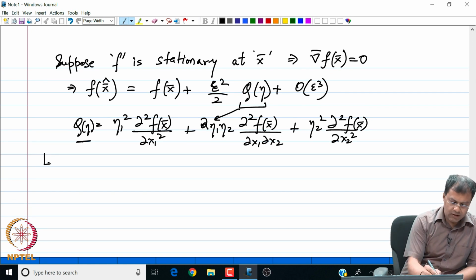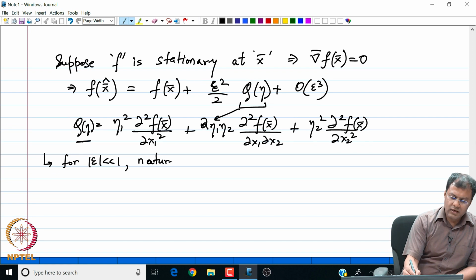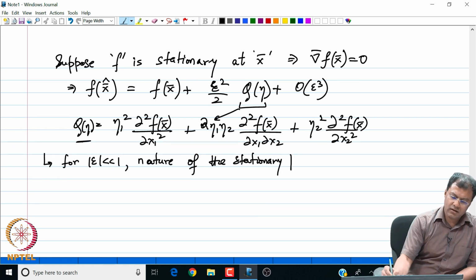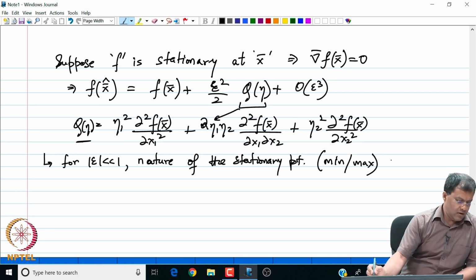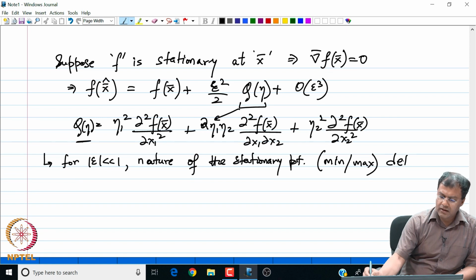So, what I said is, for epsilon small, the nature of the stationary point, let us say max or min, will be completely determined.